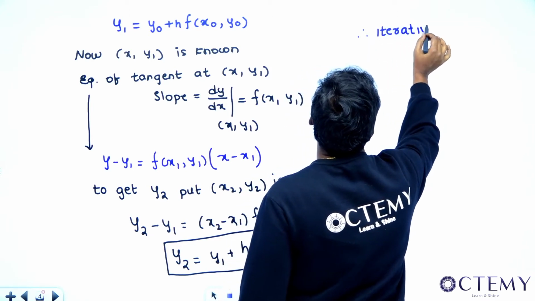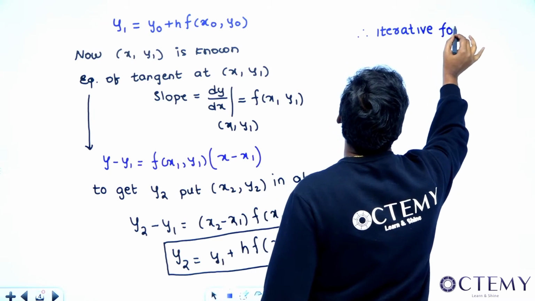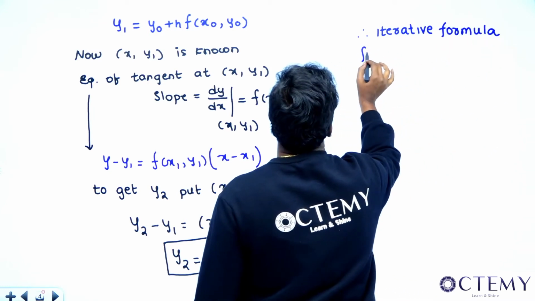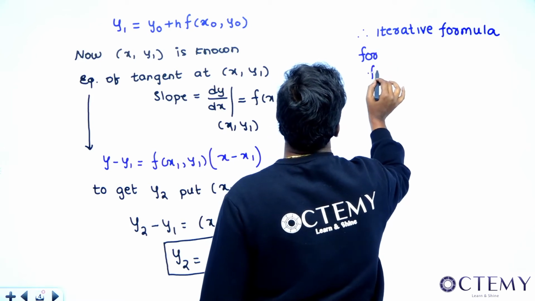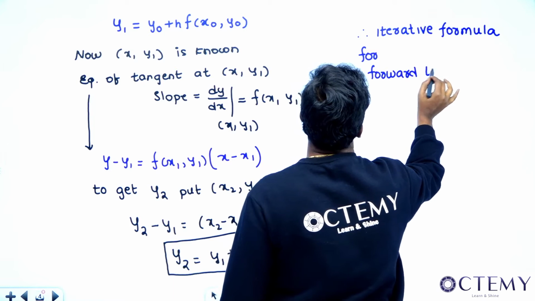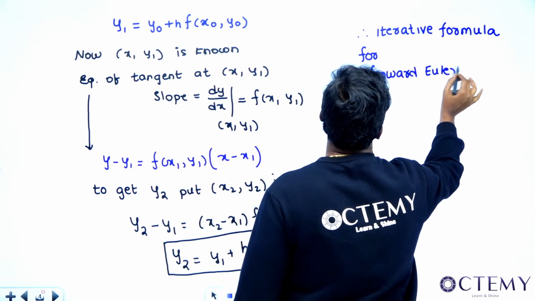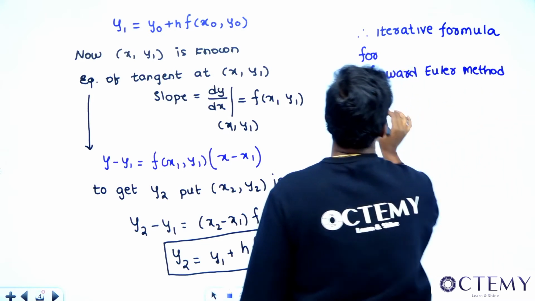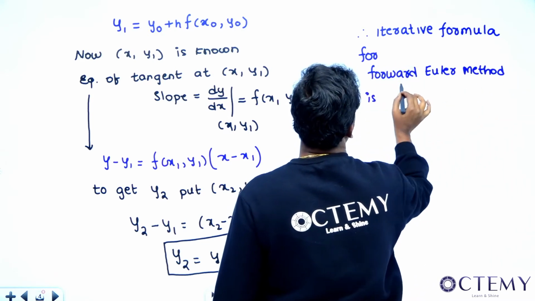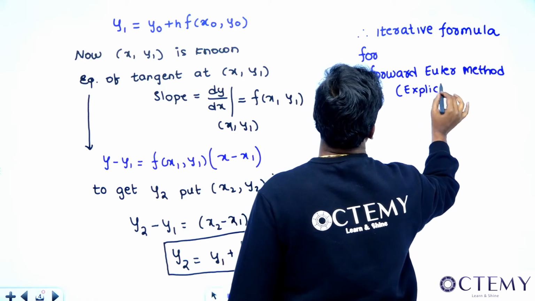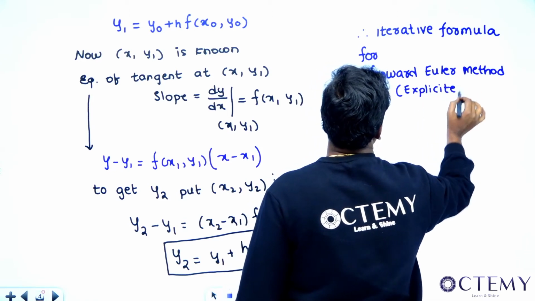This iterative formula is for the forward Euler's method, also called the explicit Euler's method.